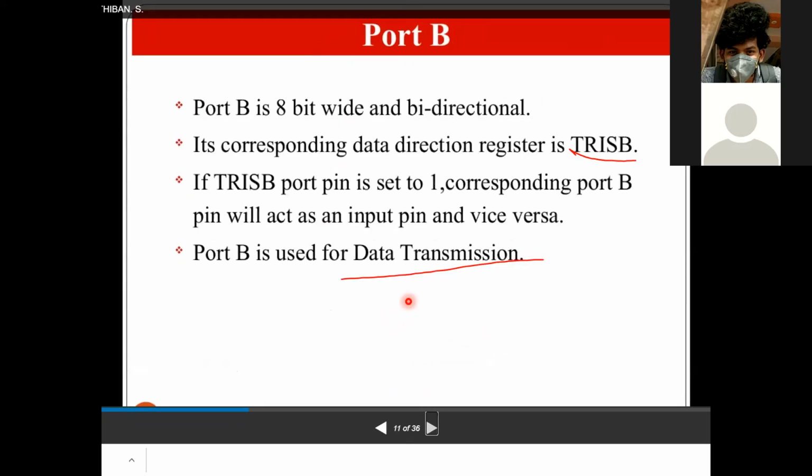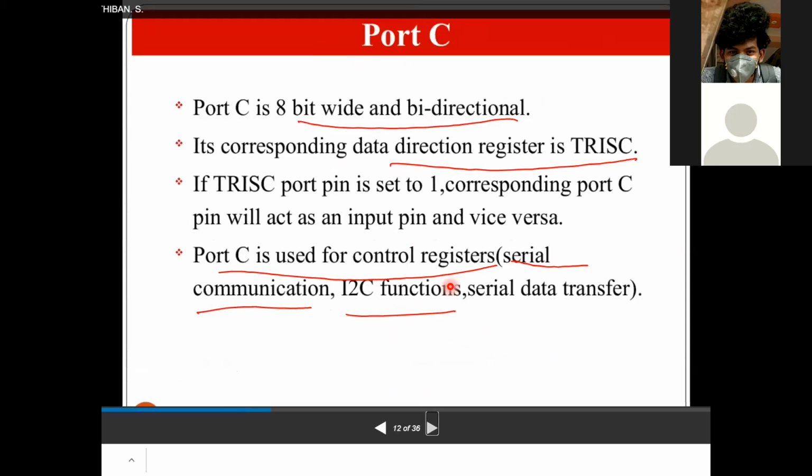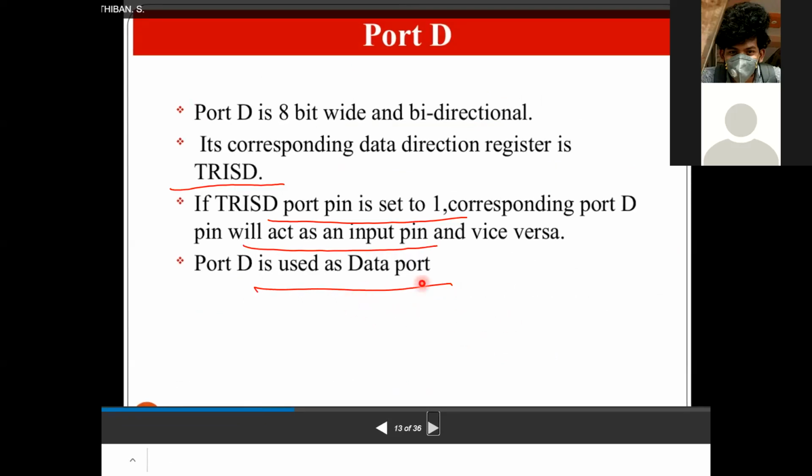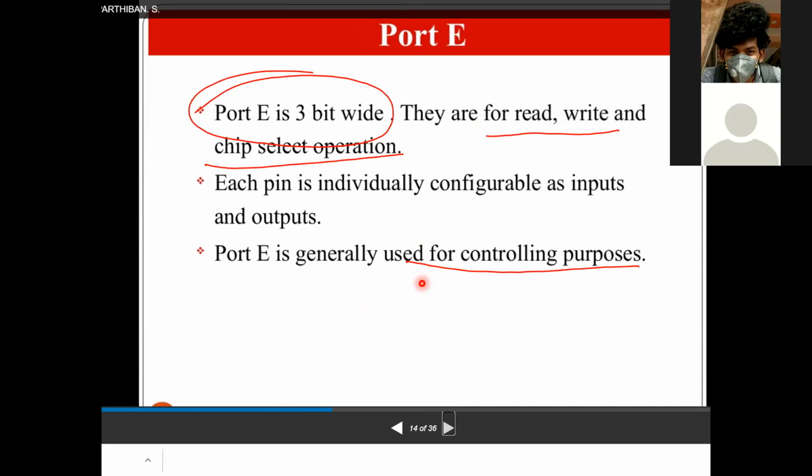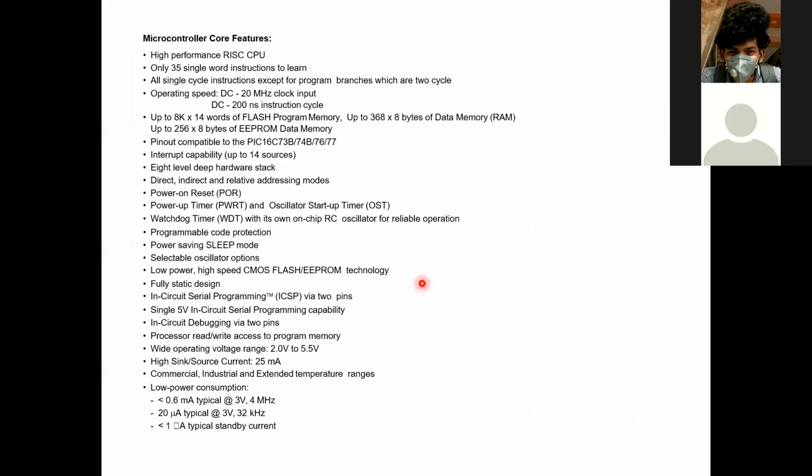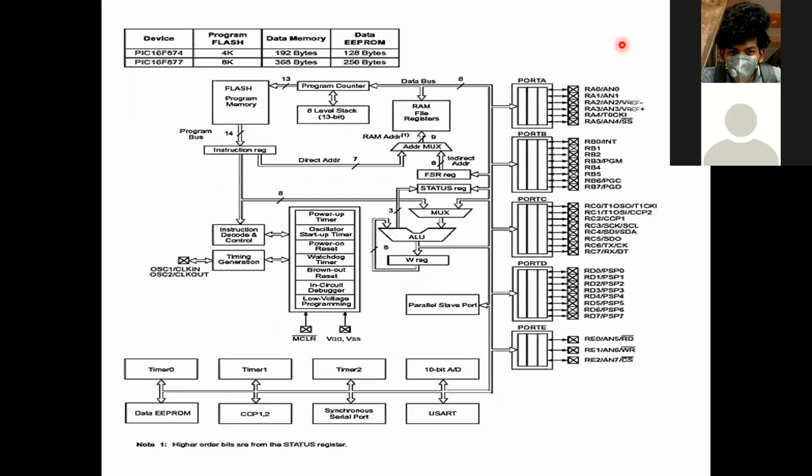Once again, recall: port B for data transmission, port C for control registers, port D for data port, and port E for read write chip selection. Similarly, port A for analog input selection, port B mainly for data transmission, and port C is mainly for all the serial registers and I square C.